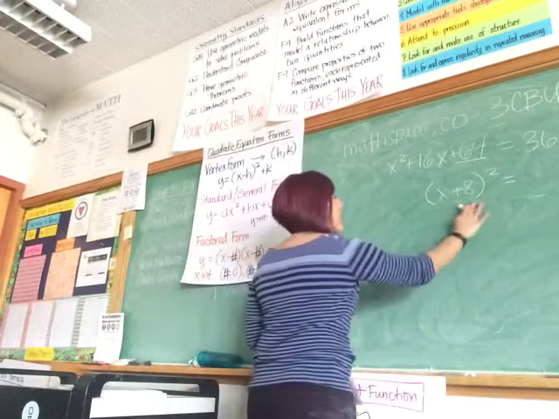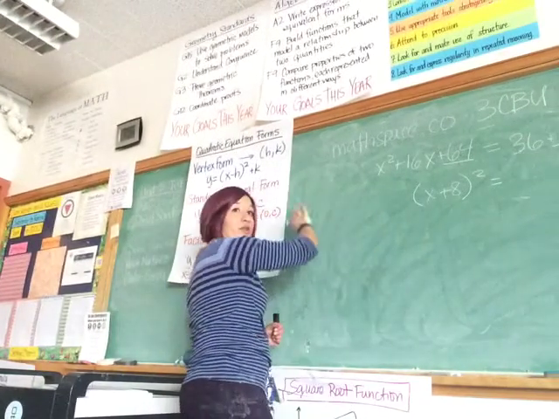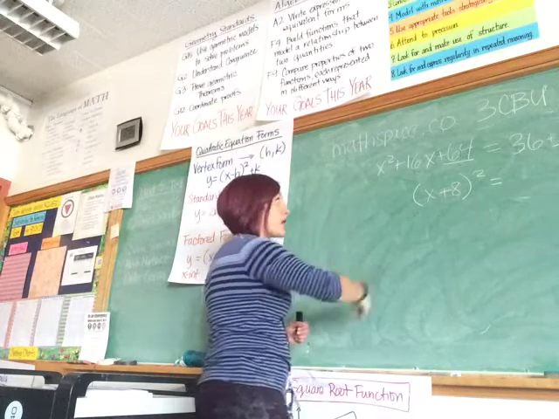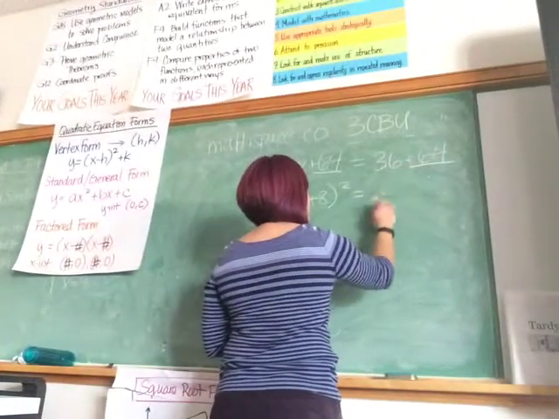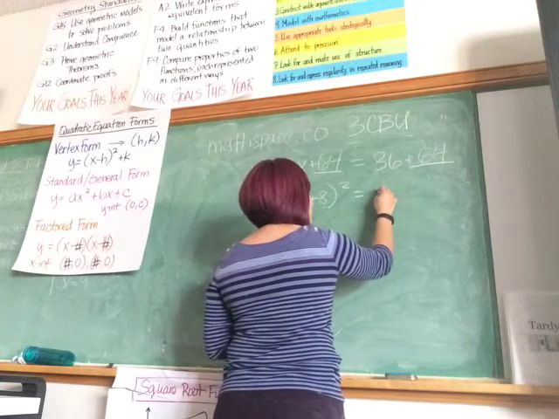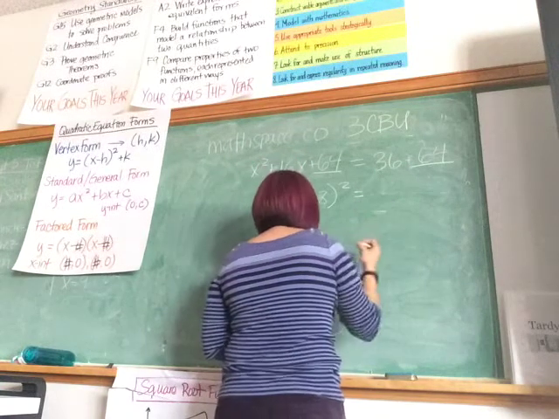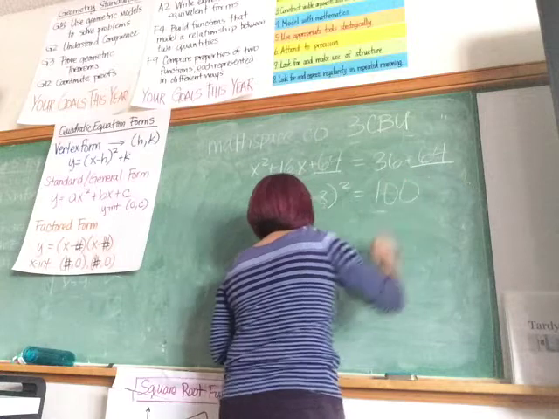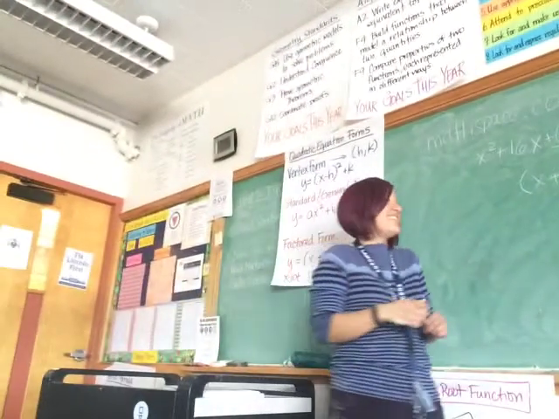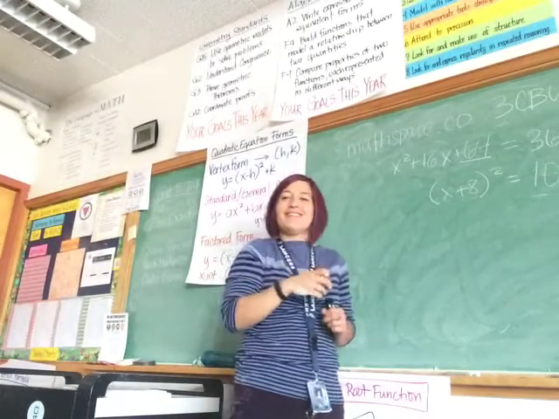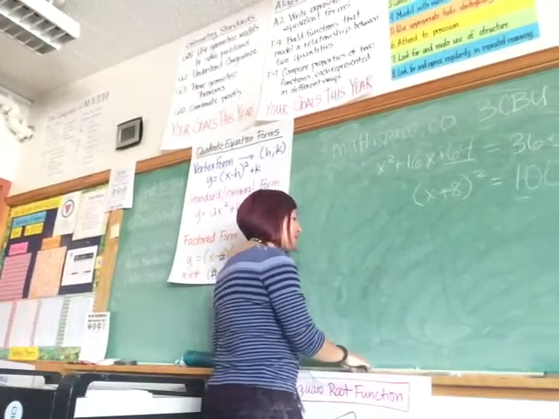If I was going to actually FOIL this all out, I get x squared plus 16x plus 64. So then this is equal to 36 plus 64, or 100.